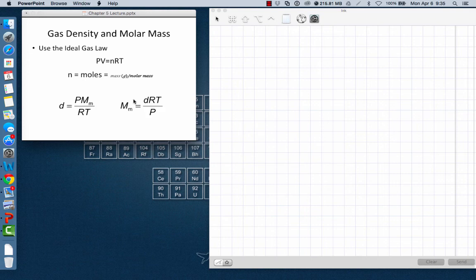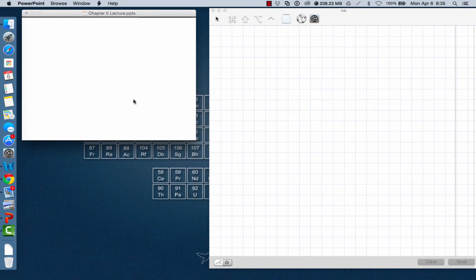And so we end up with density, if we just rearrange the equation, which is just grams per liter, or we can calculate molar mass, which is grams per mole. Okay, so it's pretty straightforward, but we have rearranged these equations into this extra format for you to use if you want to do a problem.